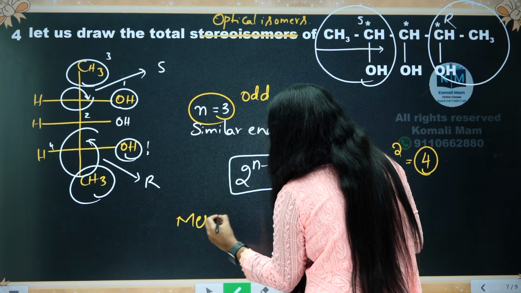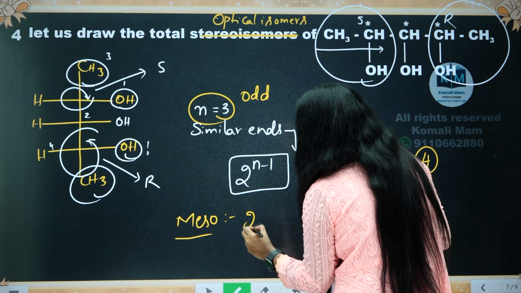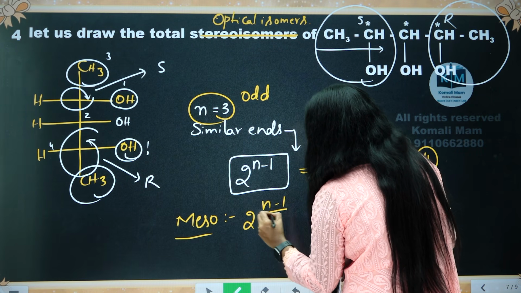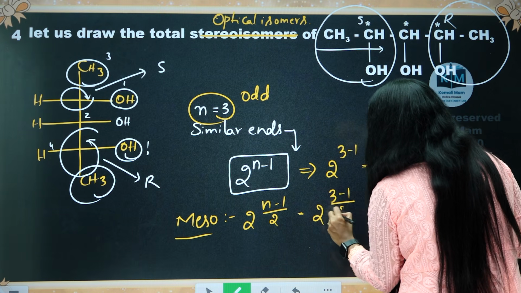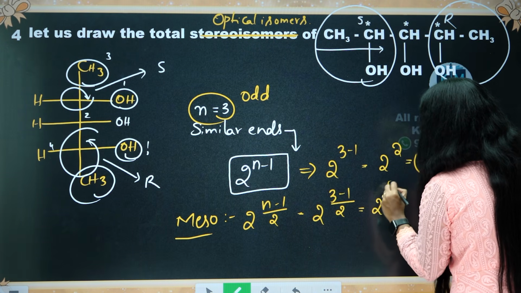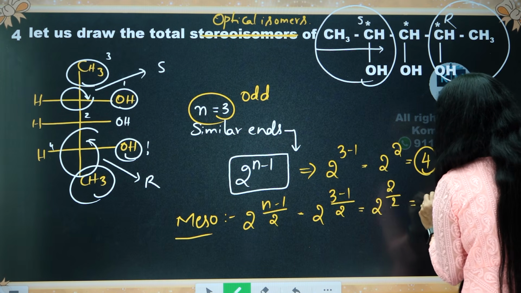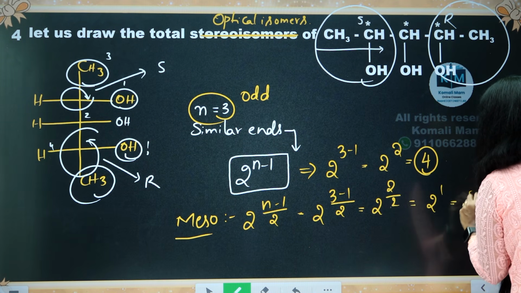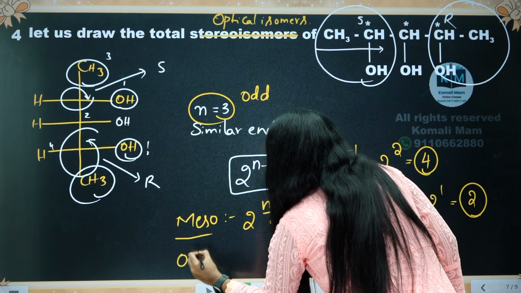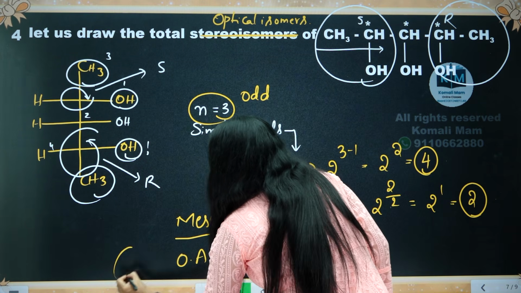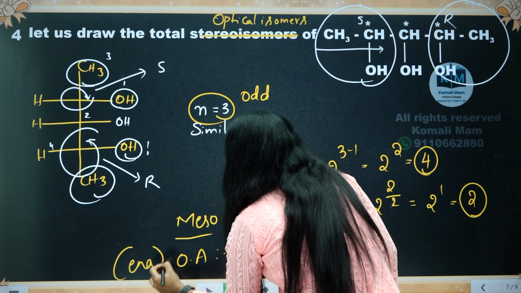If they ask us to find the optically active, or let us see mesos, for example, what is the formula, students, tell me? 2 to the power of n minus 1 by 2, then 2 to the power of 3 minus 1 by 2, that is 2 to the power of 2 by 2, which is equal to 2 to the power of 1, which is equal to 2. Is it clear? If they ask about optically active, these are enantiomers.